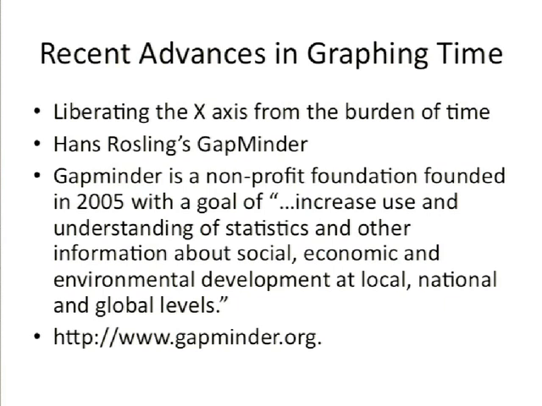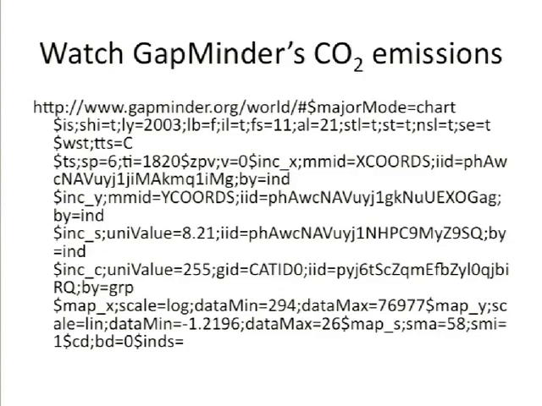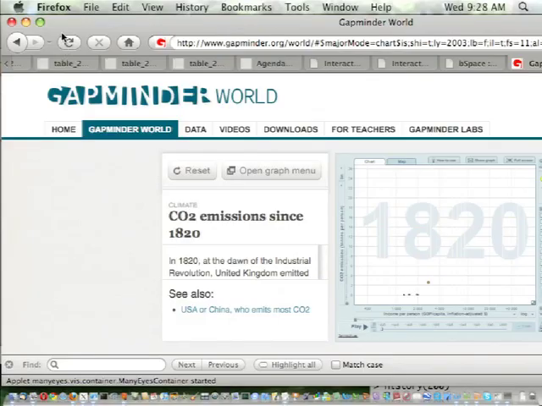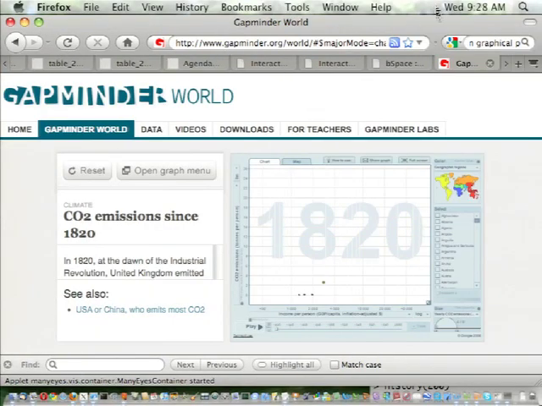So I'd just like to show you, here's the URL. If you want to cut and paste it out of my PowerPoint, you can. Or even better, you can go to the web, go to Gapminder, and I did a search on carbon dioxide, and they, in fact, have a plot.